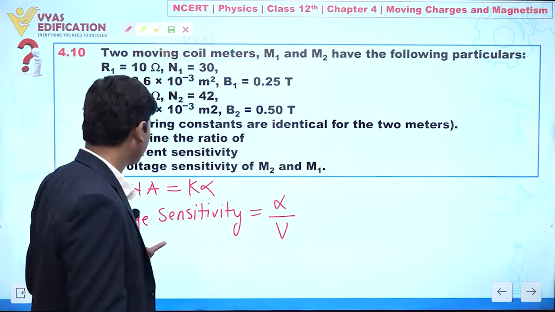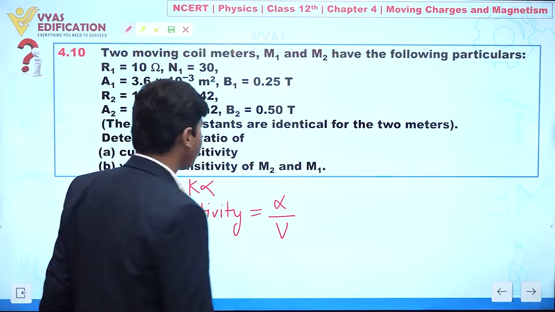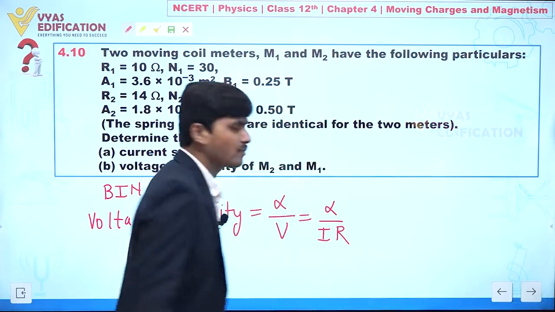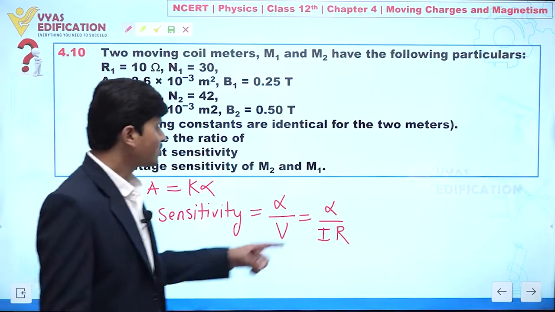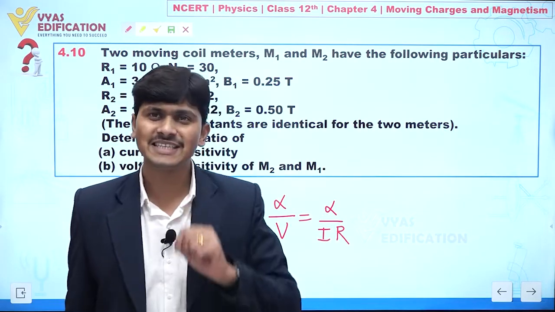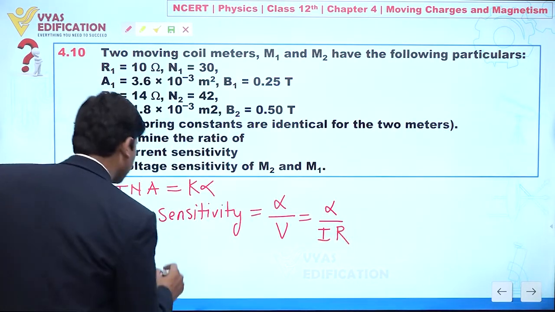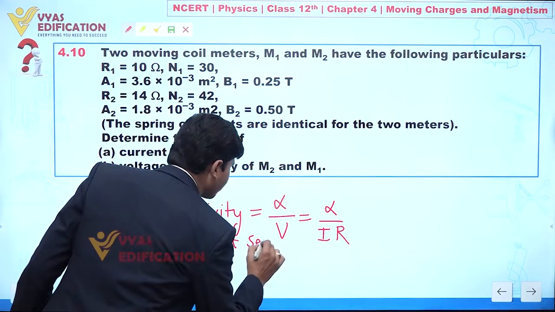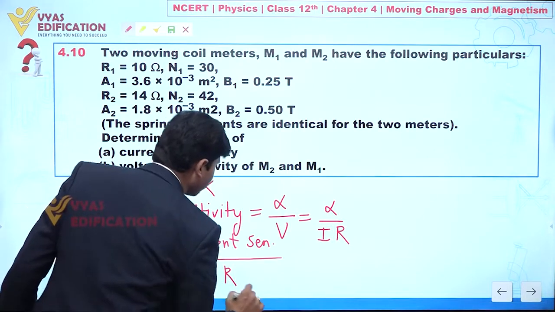Alpha by V we can also write with V equal to I multiplied by R, so alpha upon I is the current sensitivity. So voltage sensitivity is current sensitivity divided by resistance.